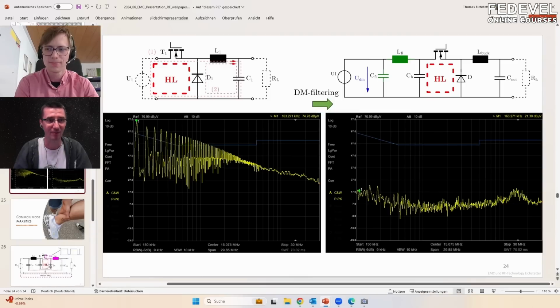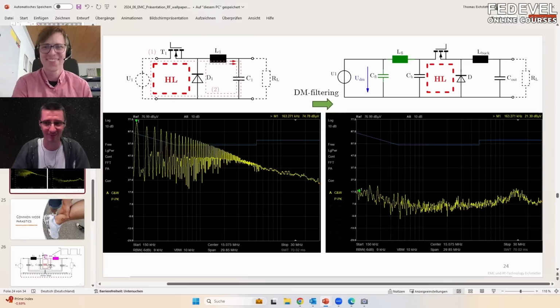So we will do it. We will implement the filter physically, and then we will measure it again. And also you will explain a lot of background, so everyone can understand what the problem is, and not only how to calculate the filters. Yes, I try my best.